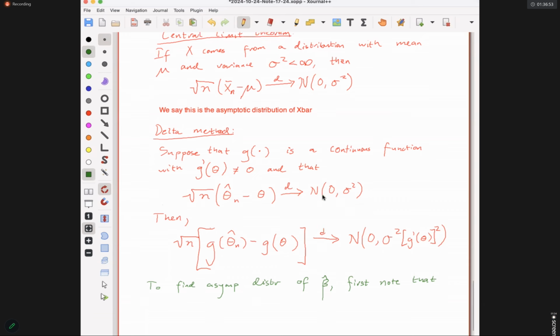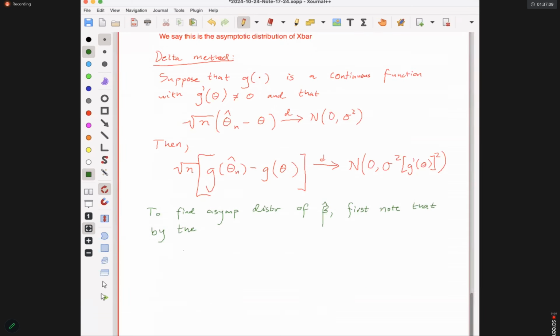No G yet, but we're using this thing. We're using the central limit theorem. Because first we need to find the asymptotic distribution of x bar.